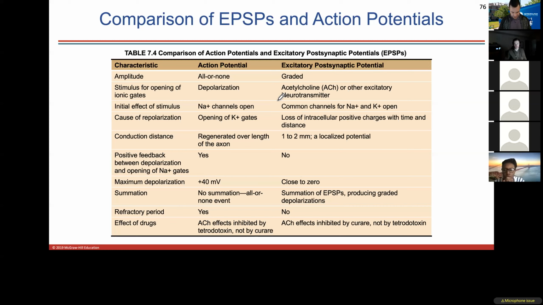The electricity causes that sodium voltage gated channel to open, and that travels a distance and opens up the next one, and the next one, and the next one. So it is a positive feedback mechanism. With an EPSP, we kick out the acetylcholine molecule. It only stays there for a little bit of time.